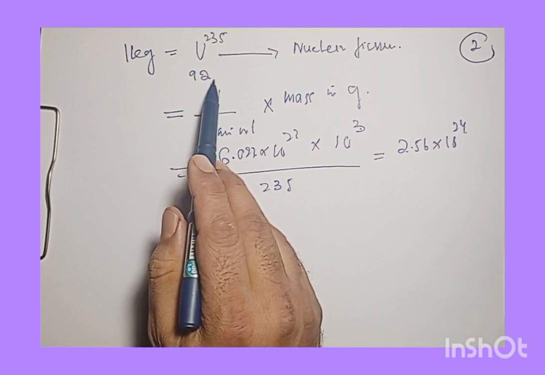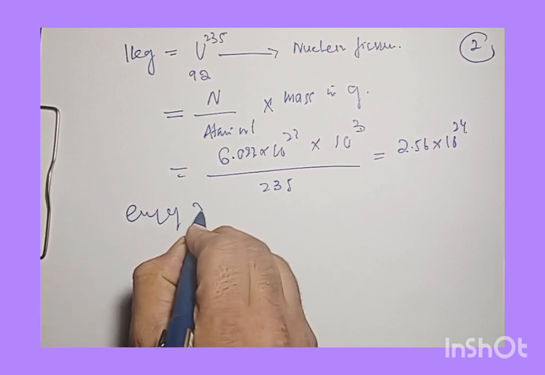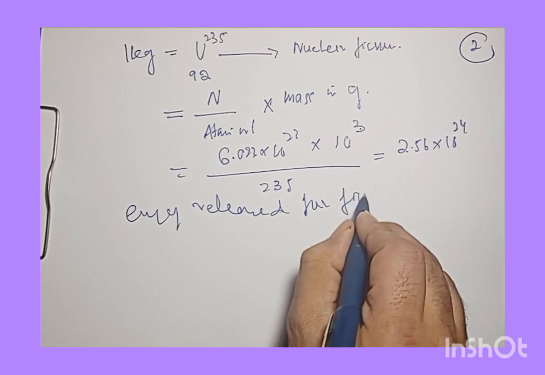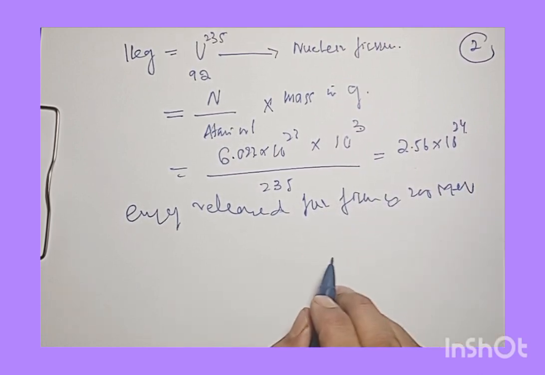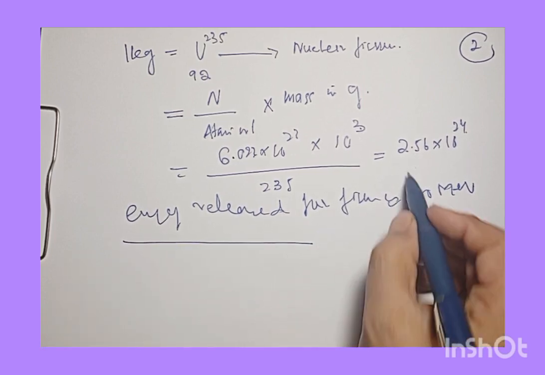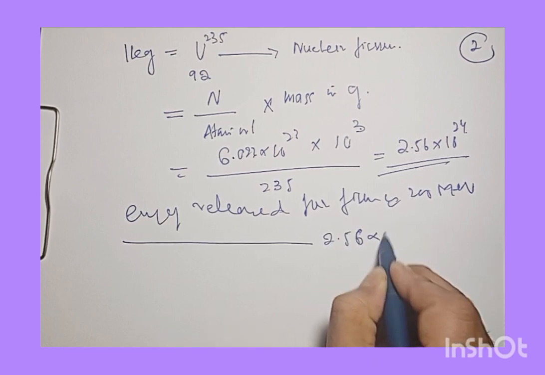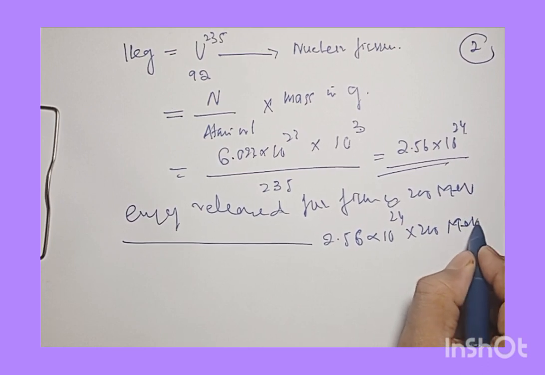Now, what is the energy released per fission? Energy released per fission is nearly 200 mega electron volts. So the energy released by this many atoms will be 2.56 times 10 to the power of 24 times 200 mega electron volts.